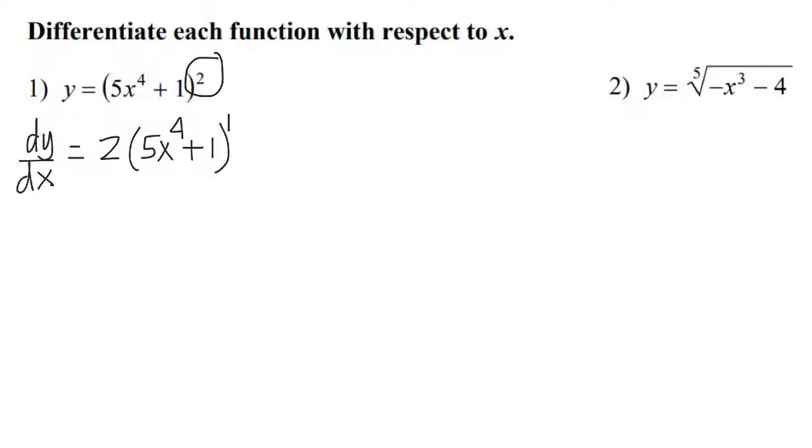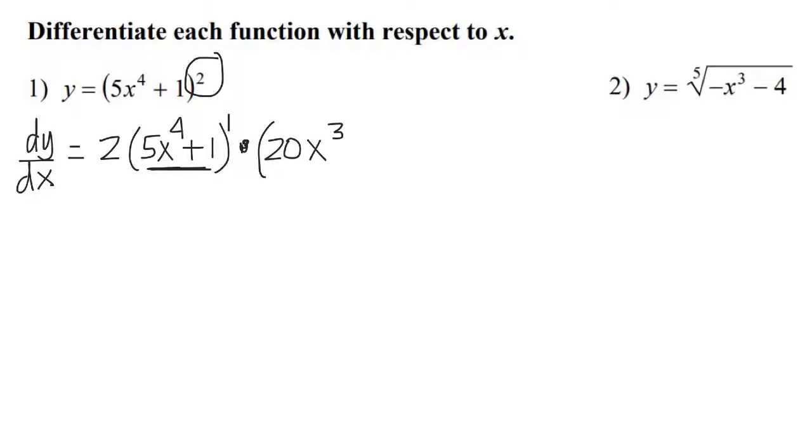Okay, so we do the power rule, and then it's times, this right here is your f prime of g of x, times the derivative of g of x. That's this stuff inside here. We need to multiply that to the derivative. So what would be the derivative of 5x to the 4th? Do y'all remember? 20x to the 3rd.